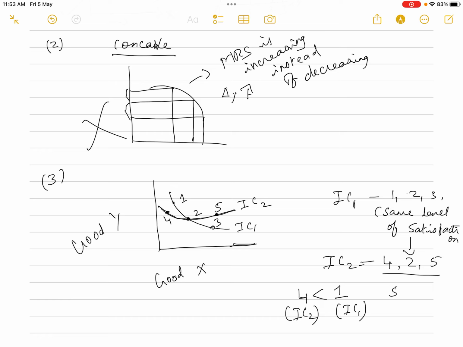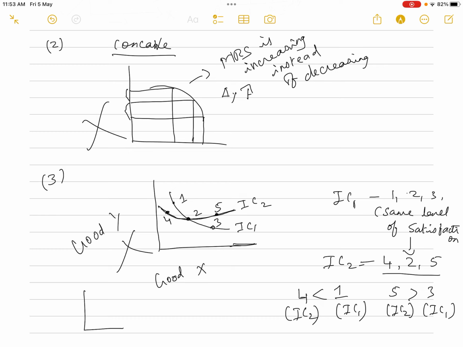Combination 5 on IC2 is giving greater satisfaction than combination 3 on IC1. So how is it possible? All the points on the indifference curve should give the same level of satisfaction, but some of the combinations on IC2 are giving lesser satisfaction than the combinations on IC1, and some of the combinations on IC2 are giving more satisfaction than IC1. So this is absurd, isn't it? That is why no two indifference curves should intersect each other. They should be parallel. So it should be like that only.